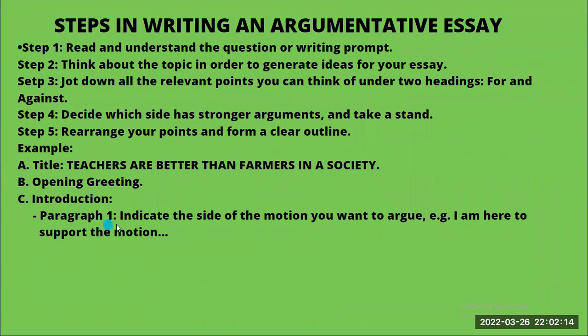So what do you do here? You indicate the side of the motion you want to argue. For example, I am here to support the motion which states that teachers are better than farmers in a society. If you are opposing, then you say, I am here to oppose the motion. Teachers are better than farmers in a society, all right?